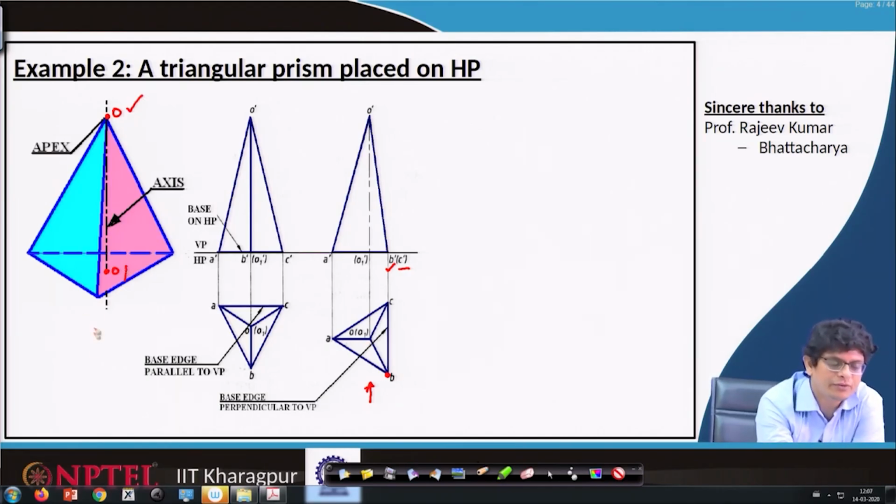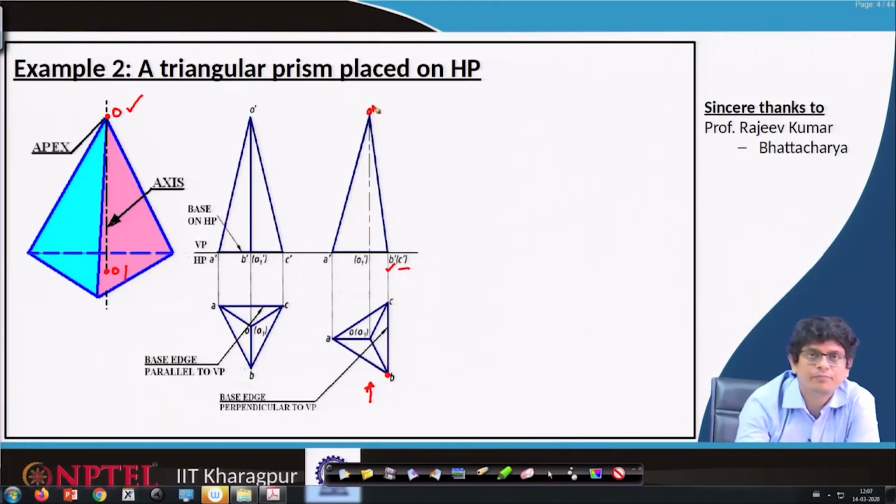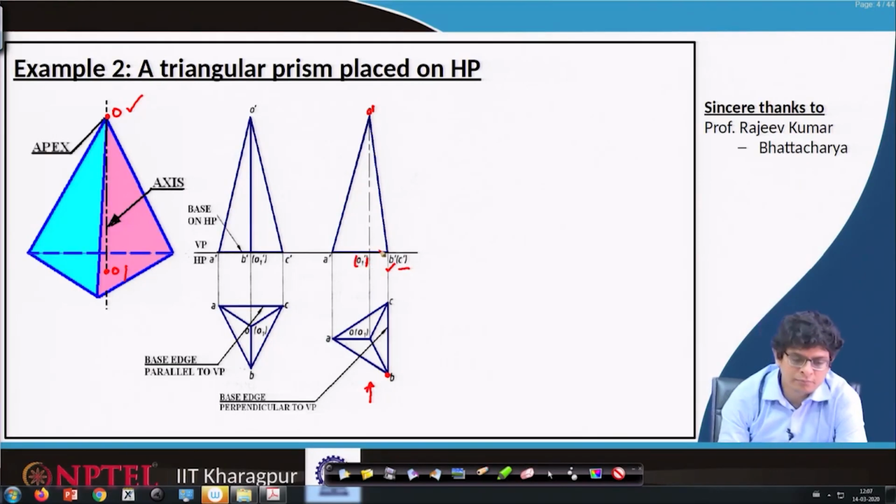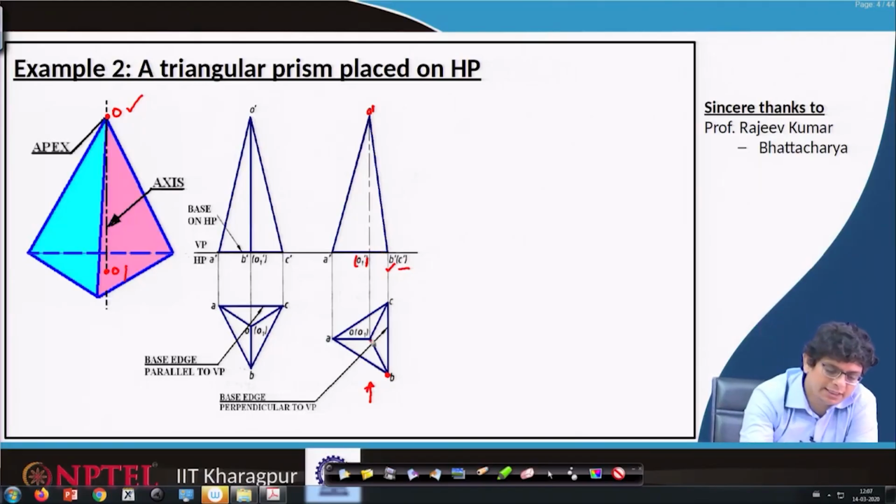Similarly, when we look from the front view, point O goes to O prime, and in the front view we always have primes, and O1 prime, which is that one, is invisible. So, we show it in parentheses, and this axis is always mapped to dash-dot lines.